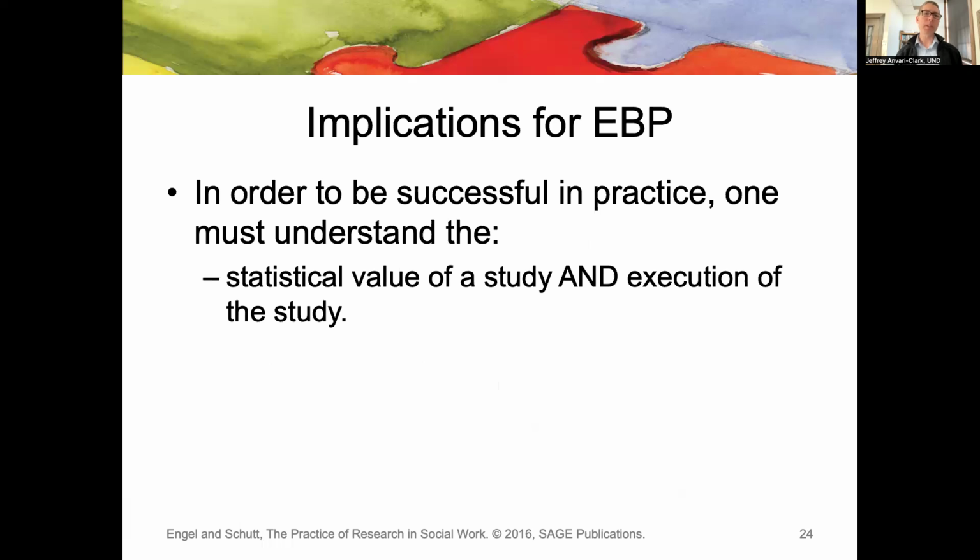And then ultimately, you've got these implications for evidence-based practice, where you have to understand and be clear about the value of this study and how we are executing it. Maybe you've got a food bank, and you're seeing the same people coming week after week. You think to yourself, if they only had some financial education, maybe they would stop coming because they'd be able to manage their money better.